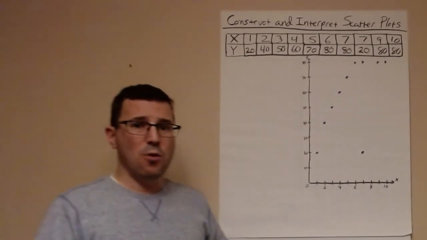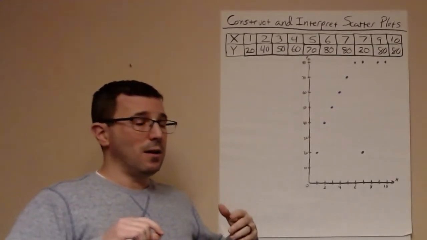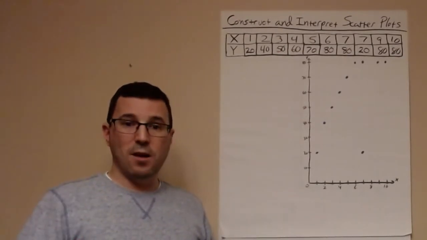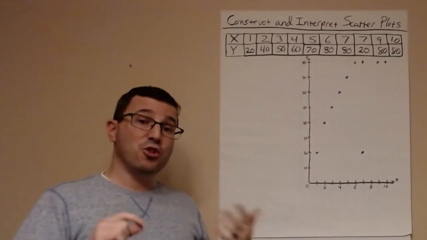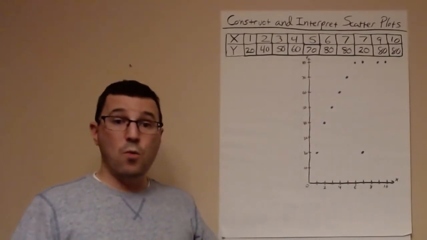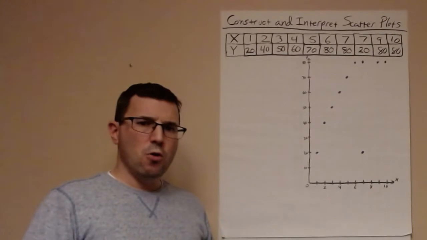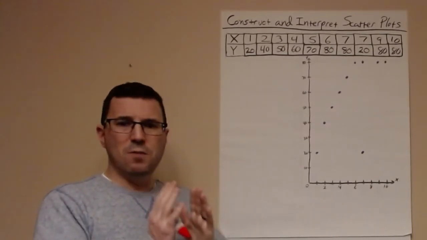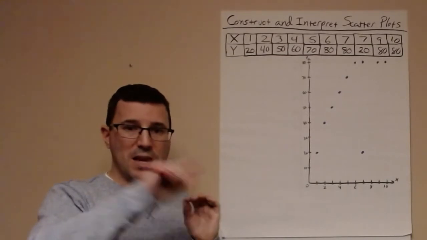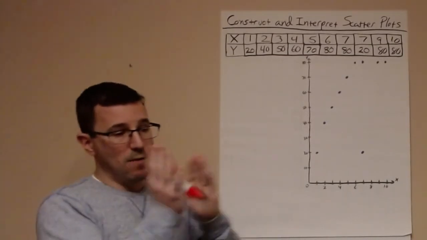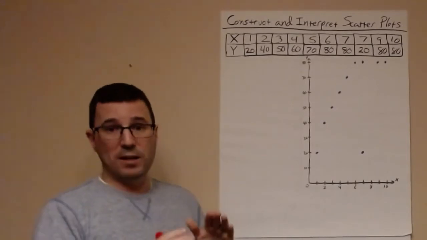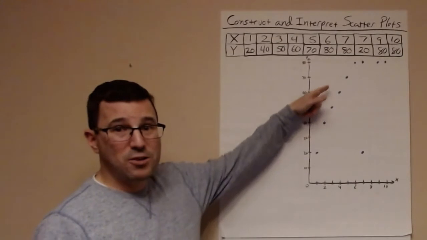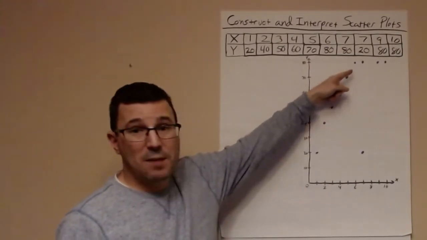We also have the strength of the correlation. We can have a strong correlation or a weak correlation. A strong correlation basically means that the points come very close to being on the same line. They're not very spread out. They're very close together, forming a straight line. And when I look at these points here, this is a pretty strong correlation, really up till you get about here.